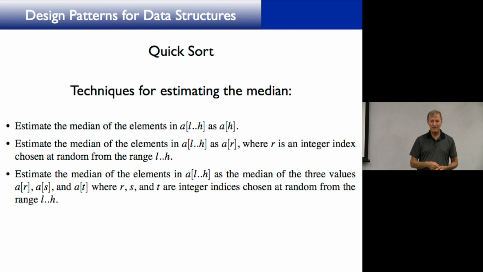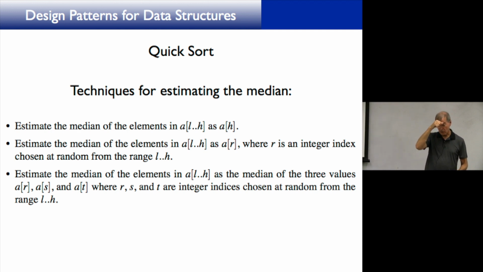You could say the last one is always the key, because if they're in some kind of random order, the last one is just as good as any other one, right? Another technique is to take at random, use a random number generator to select one of the ones in between L and H, and say, okay, I'll just flip a coin and pick this one. This one is the key.